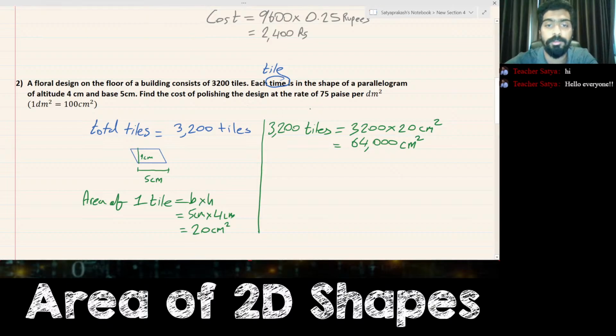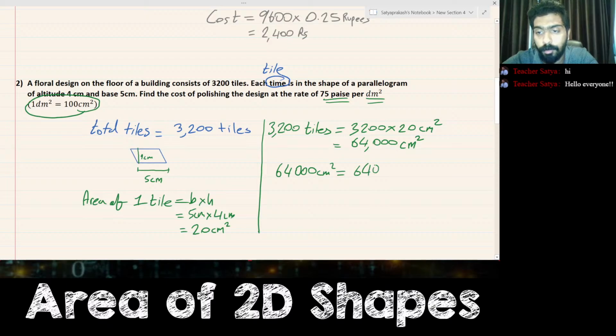64,000 centimeter square. Now we know that the cost is 75 paise per dm square, okay? And we know that 1 dm square is equal to 100 centimeter square. So let us convert this into dm square. So 64,000 cm square, in order for us to convert to dm square, we divide it by 100, right?